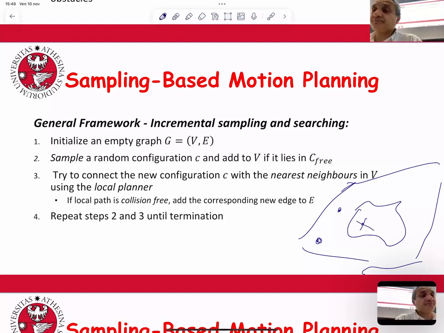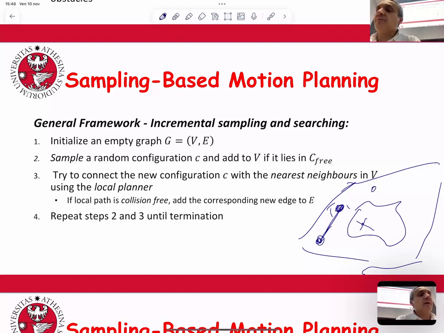Then you try to see what the nearest neighbor to the point you just extracted is. Okay, in this case, there is just this one. And you see if it's possible to connect them by using an edge that does not collide against any obstacle.